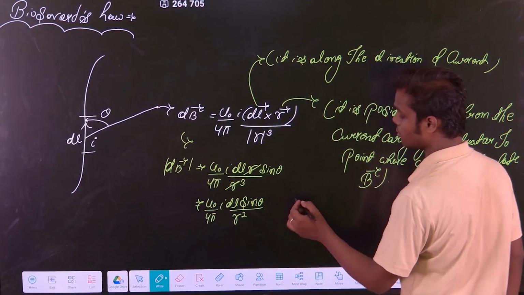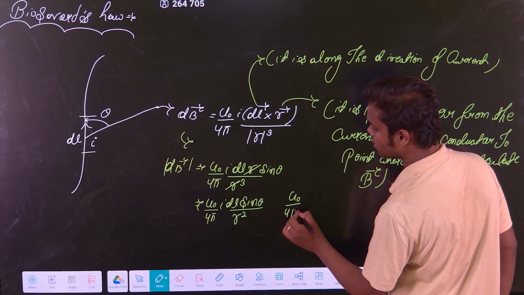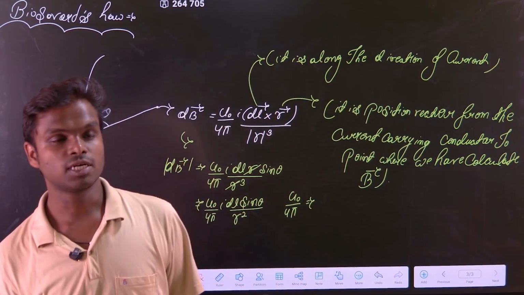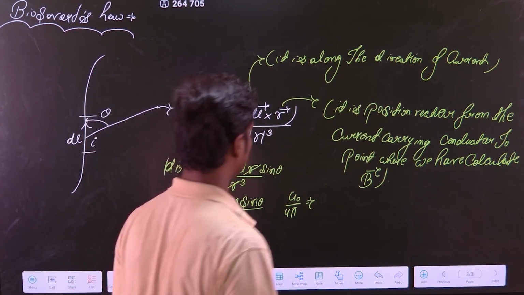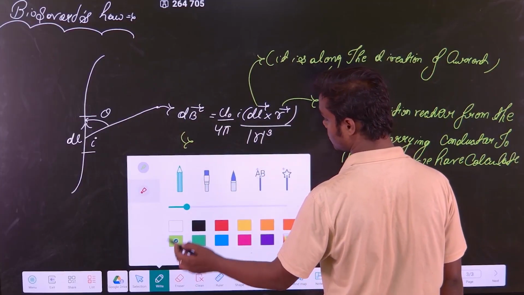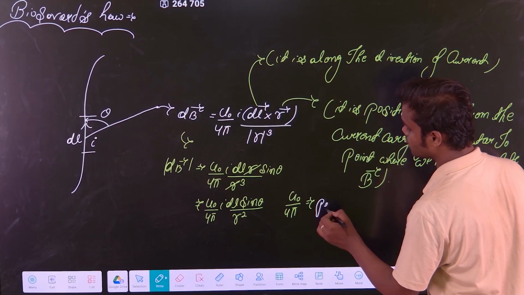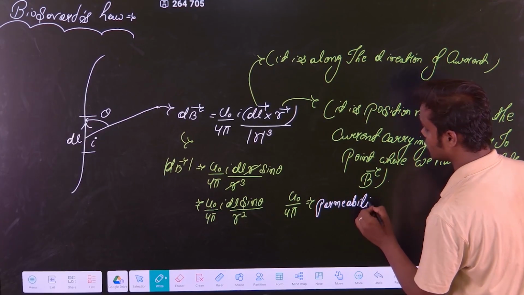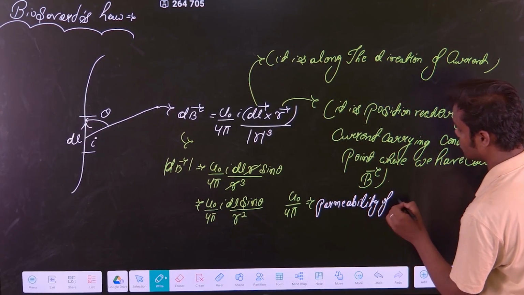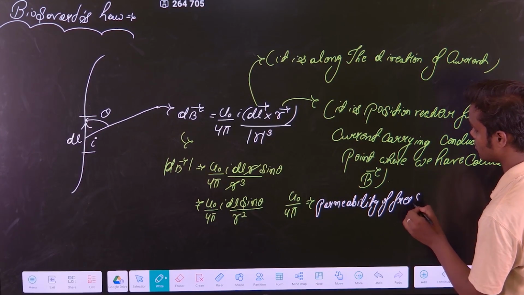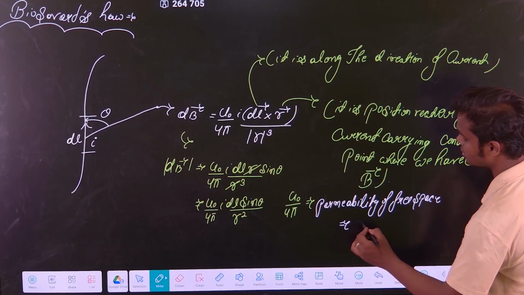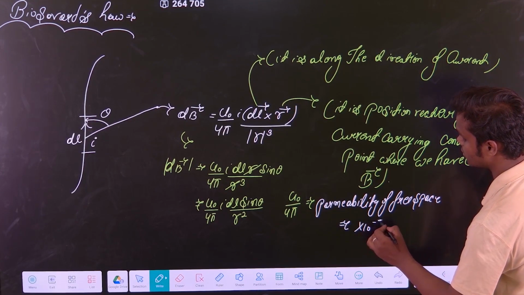Now what is mu naught upon 4 pi? If you remember, in electrostatics it is called the permittivity of free space. Here it is called the permeability of free space. And the value is given as 10 to the power minus 7.